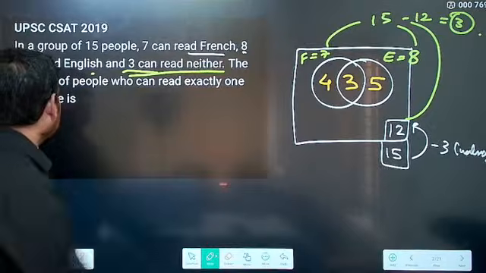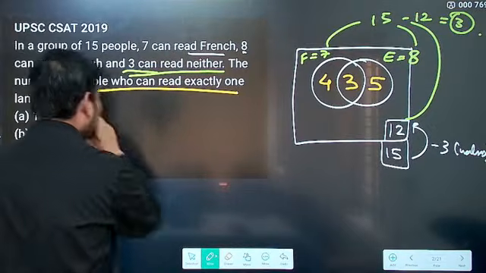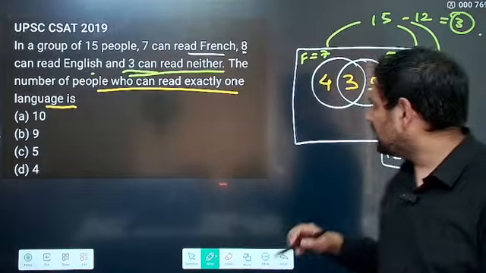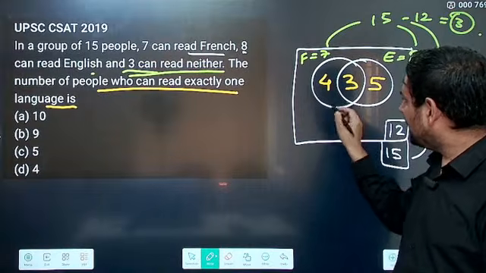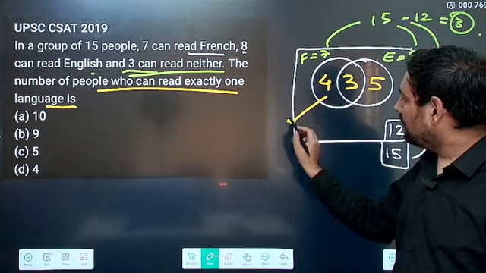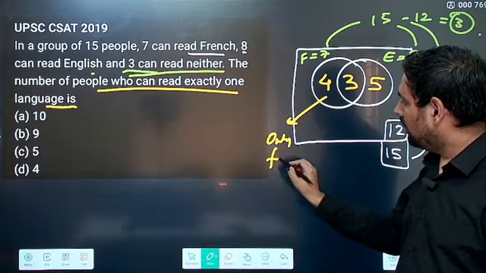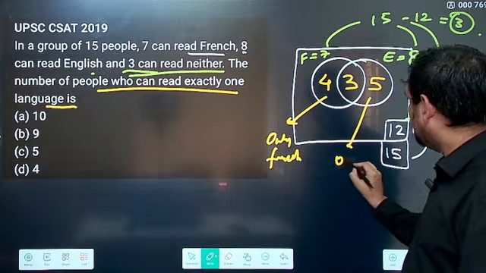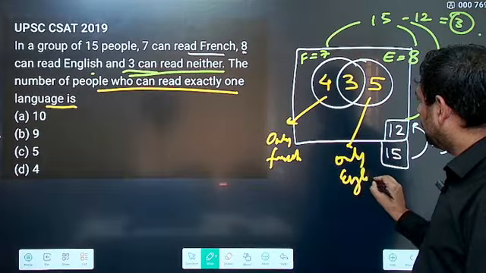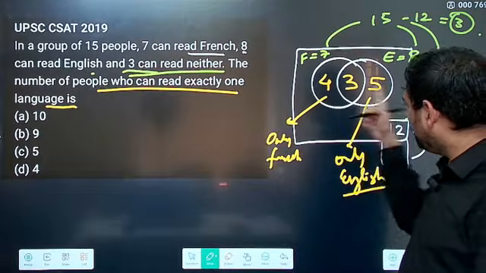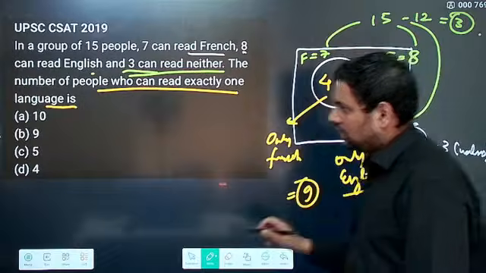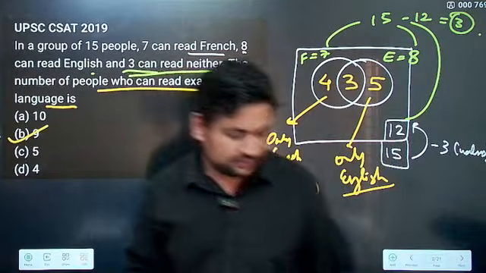Now, the question is asking you the number of people who can read exactly one language. Exactly one language. This is only French, and this is only English. So what you can do? Simply 4 plus 5 is equal to 9. So 9 becomes the answer.